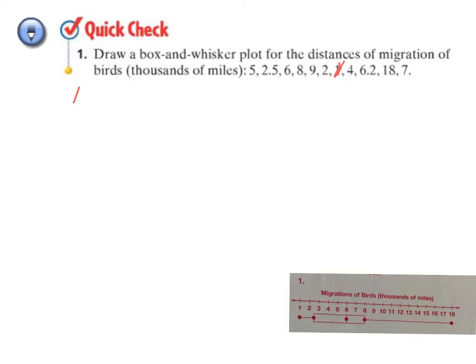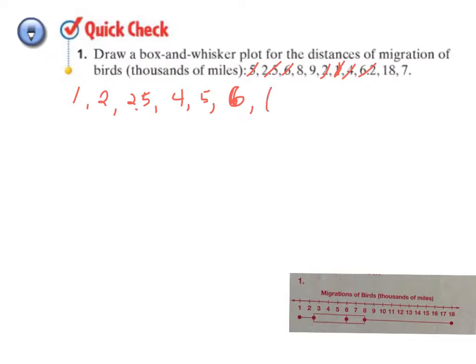1, 2, 2.5 is next. 2.5. Let's see, 4, 5, 6, oops, 6, there we go.